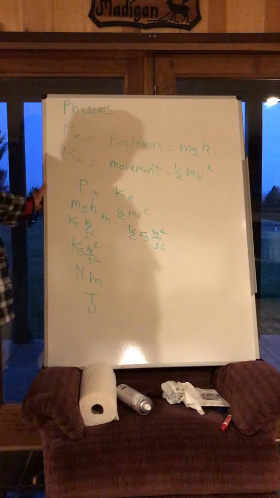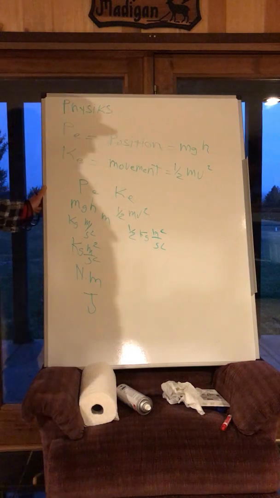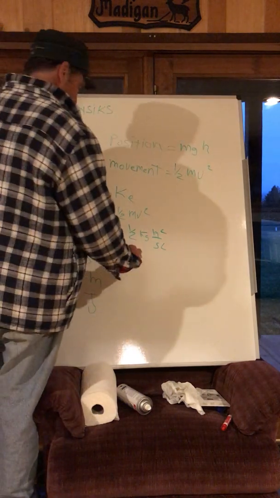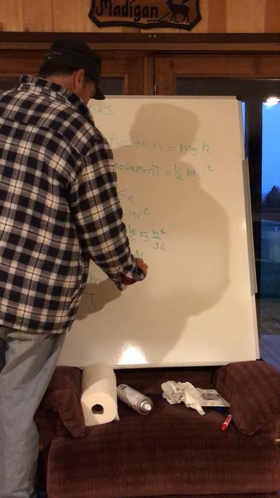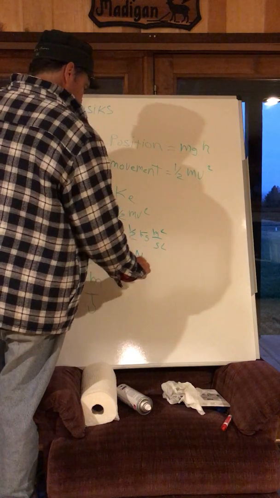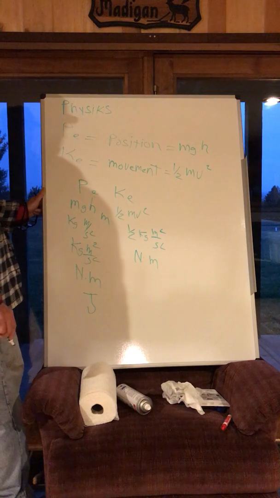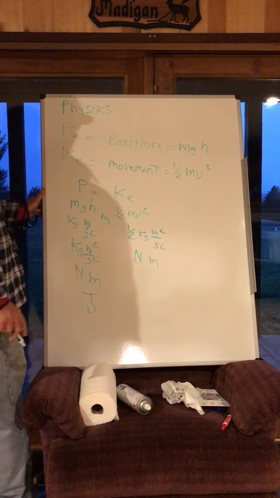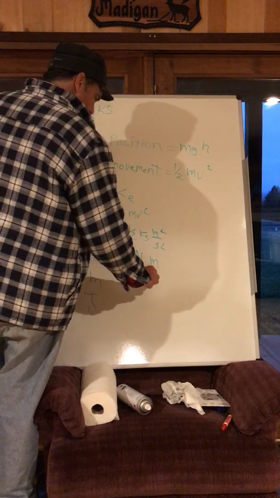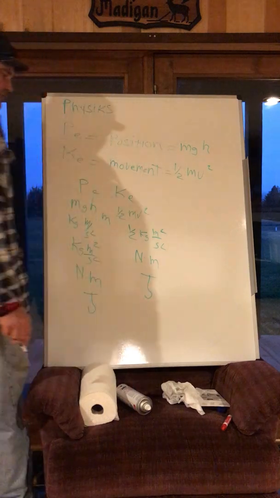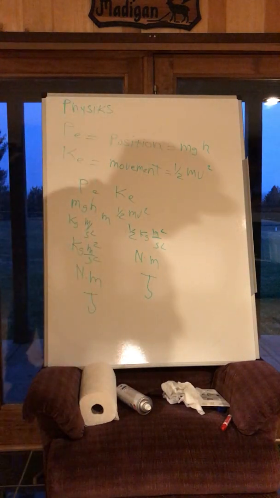And here we are again with a kilogram meter squared per second squared, which is a Newton meter, which ends up being a joule, named after James Prescott Joule.